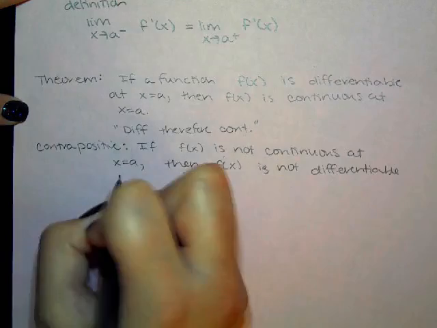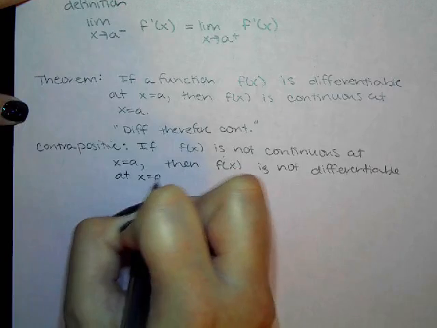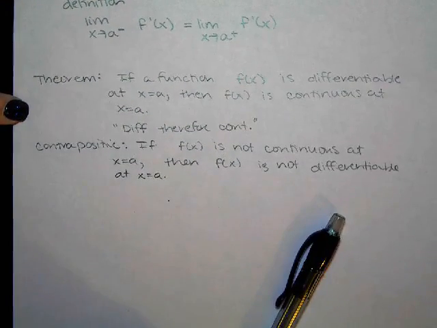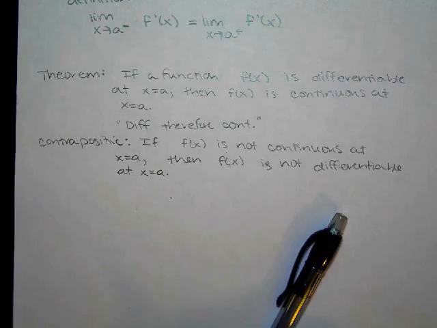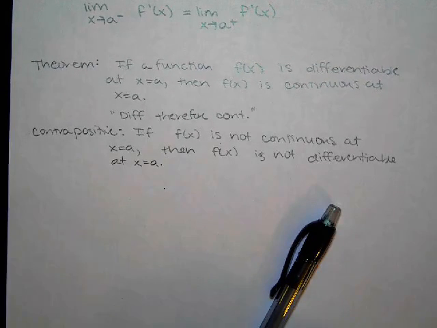So contrapositive is just like, yeah, the opposite. If it's not continuous, then it's not differentiable. If it's not differentiable, that doesn't necessarily mean it's not continuous. But if it's not continuous, it is definitely not differentiable. That is for darn sure.